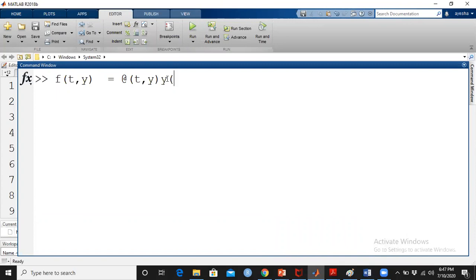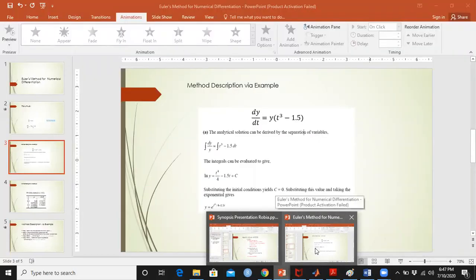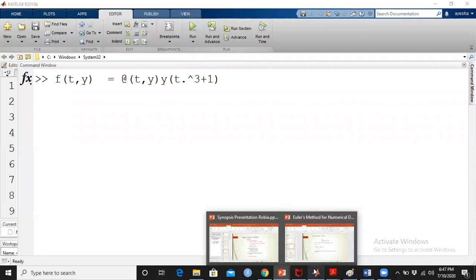Y times t cube, let me double check. Yes, t cube minus 1.5, y times t cube minus 1.5.